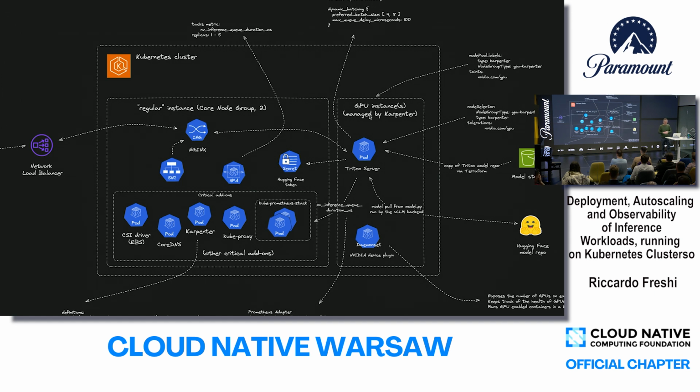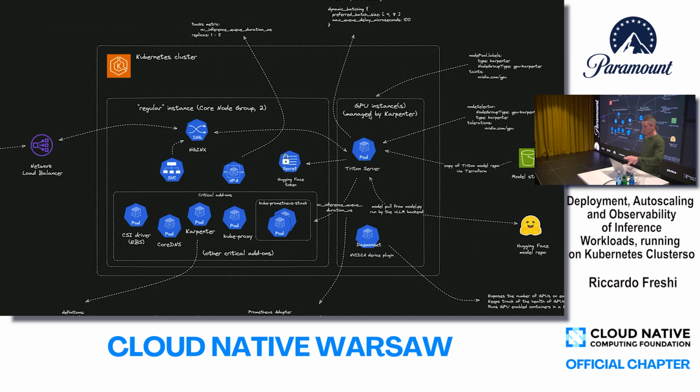So we see a lot of customers and partners working in a financial services area that are using these approaches. So they are looking at deploying machine learning, AI in general, workloads on Kubernetes.